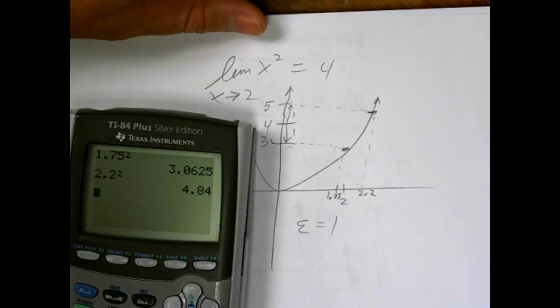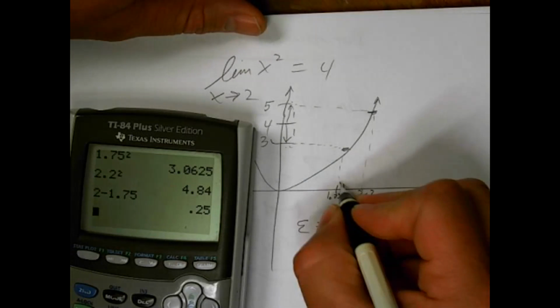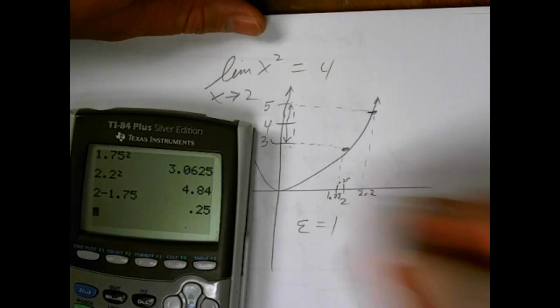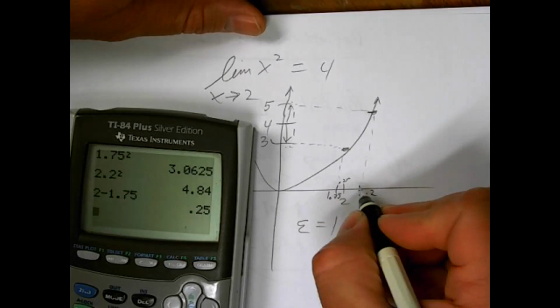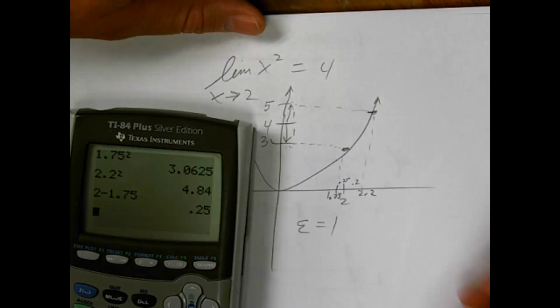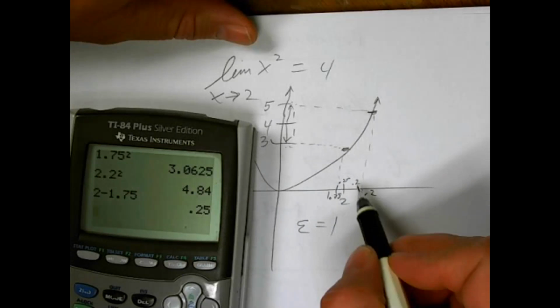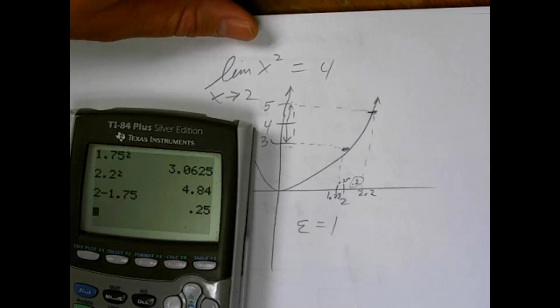Next, I'm going to take 2 minus 1.75, and that distance is 0.25. And 2.2 minus 2 gives you a distance of 0.2. So, again, my drawing isn't perfect, but I will simply take the smaller number, because with deltas and epsilon, it's just a matter of getting close enough.